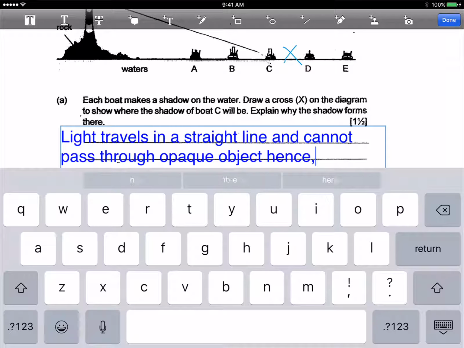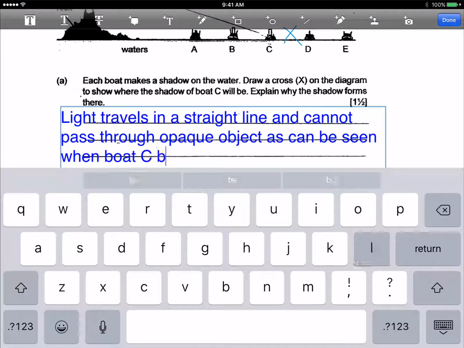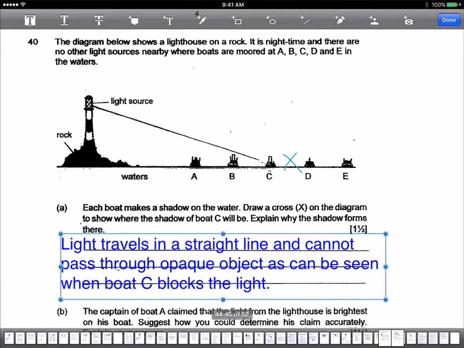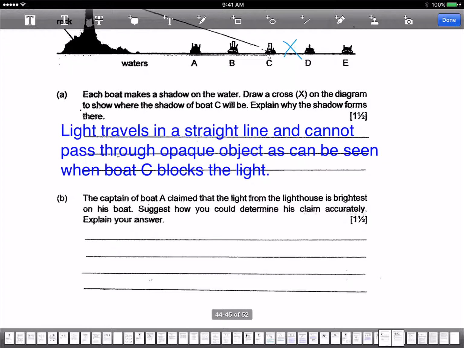Hence, boat C, as can be seen, blocks the light. Stop. Right? So the idea is about traveling in a straight line, blocked by an opaque object, which blocks the light.